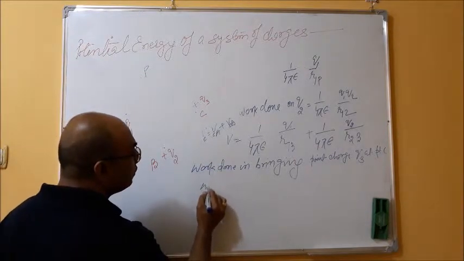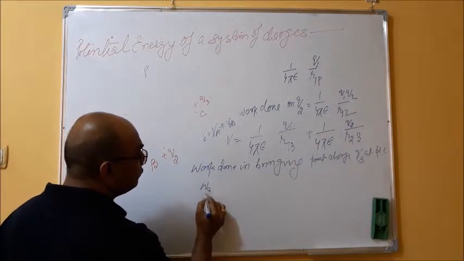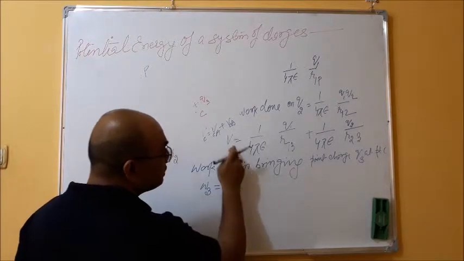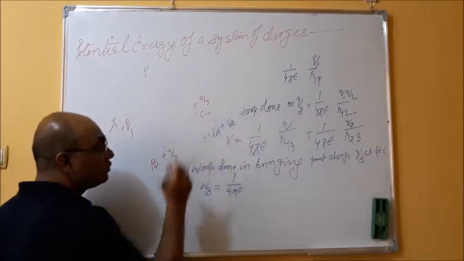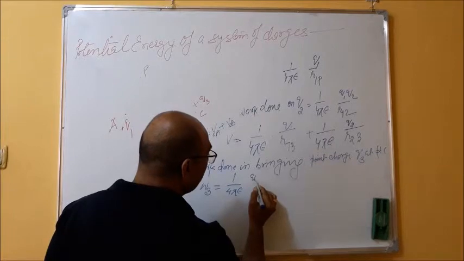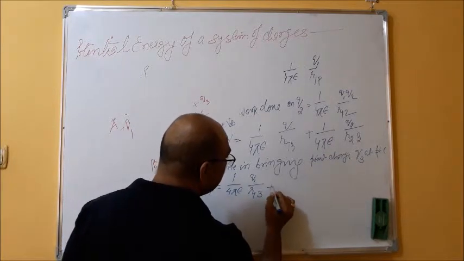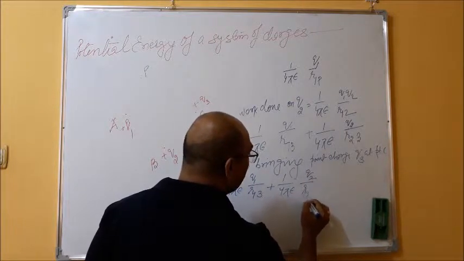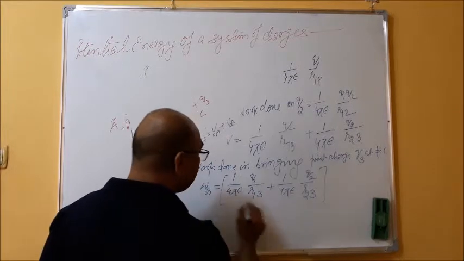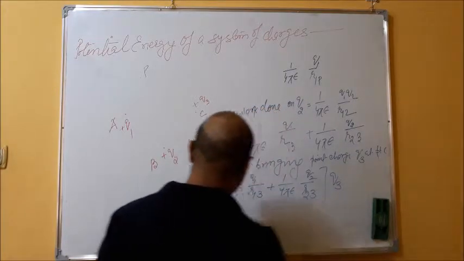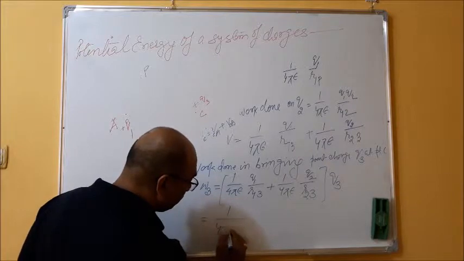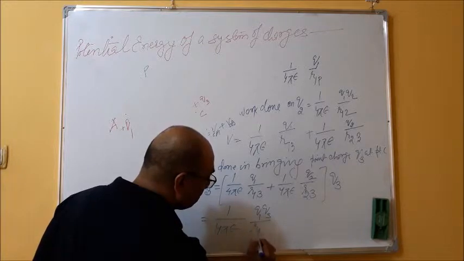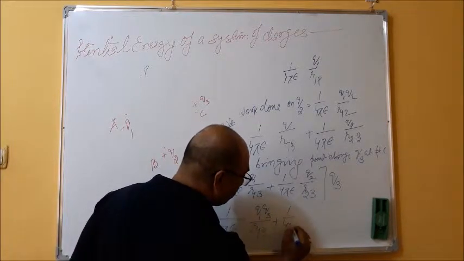Suppose I am saying this W3: 1 upon 4 pi epsilon, this potential multiplied with this charge Q3. So Q1 upon R13 plus 1 upon 4 pi epsilon Q2 upon R23, the whole multiplied with Q3. So the value will be 1 upon 4 pi epsilon Q1 Q3 R13 plus 1 upon 4 pi.